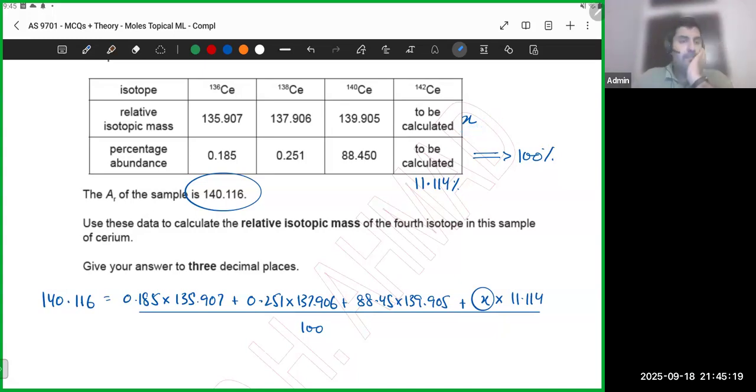So remember, on the calculator, you should do a lot of calculations so that you develop that speed.